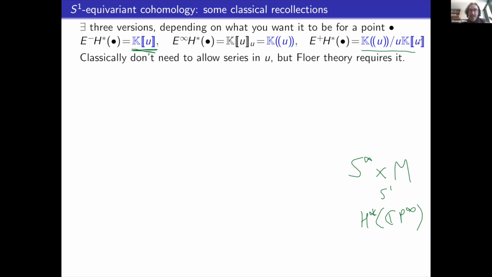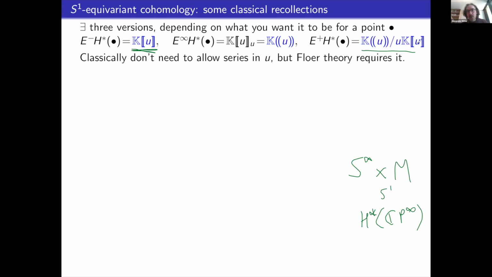Instead of U behaving like a polynomial, U behaves in a nilpotent way. Sufficient applications of U will eventually give you 0. So these are these three versions, minus, infinity, and plus. And the most familiar one is the Borel one, which is the minus. Now here you notice from these brackets that I put these double brackets, which means that I've completed in U.